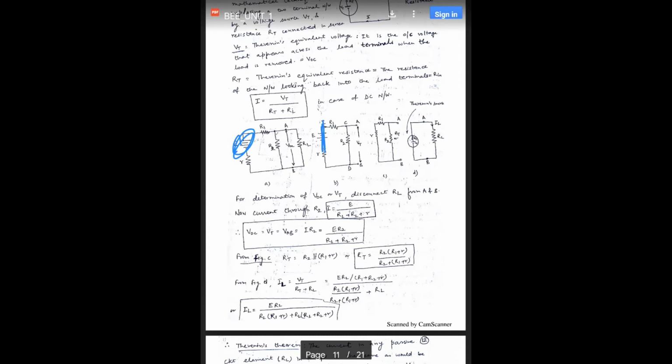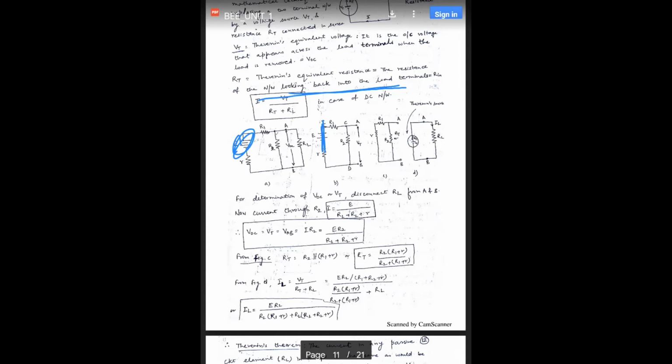And the next thing is that the load resistance is already removed, so we have to calculate the Thevenin resistance by looking back into the circuit, looking back into the load network, which means that the current will flow from the load side towards the network.